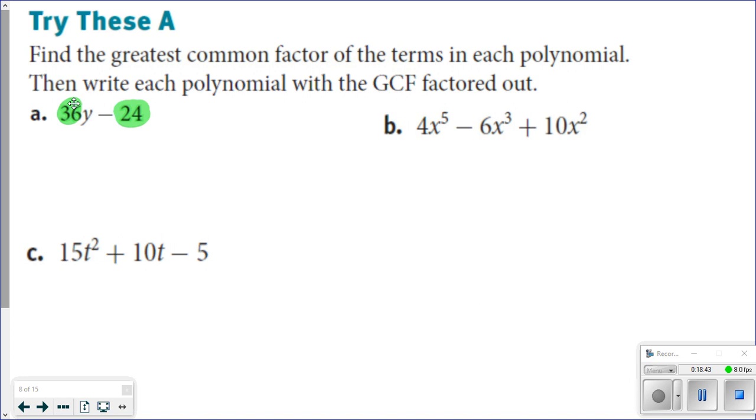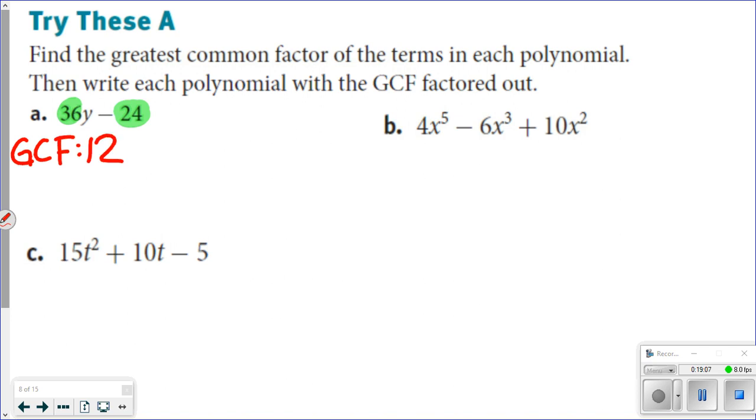If it doesn't work, then work backwards and go smaller. Try 20, 16, 14. We know it's going to be even numbers. So we get 12. So 12 is my GCF.